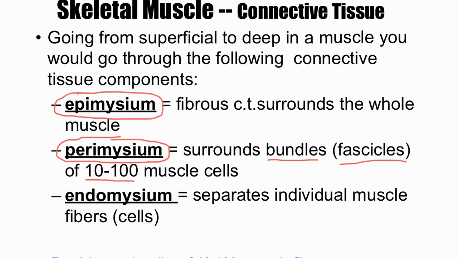Now, deep to the perimysium is the endomysium. That is like a skin or sheath of connective tissue that separates each individual muscle cell. It's kind of hard to see what I'm talking about, but on the next slide with a picture, hopefully it'll make it a little easier to understand.